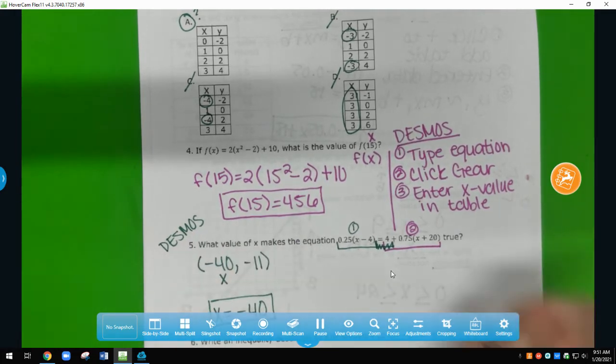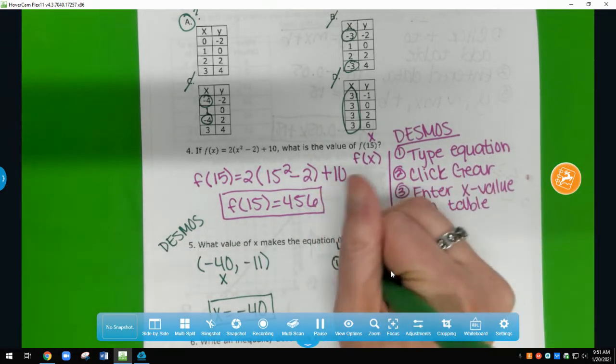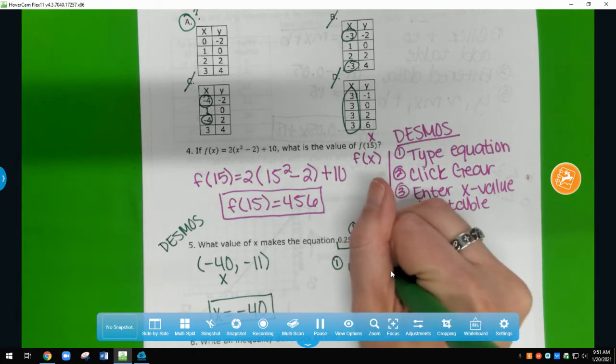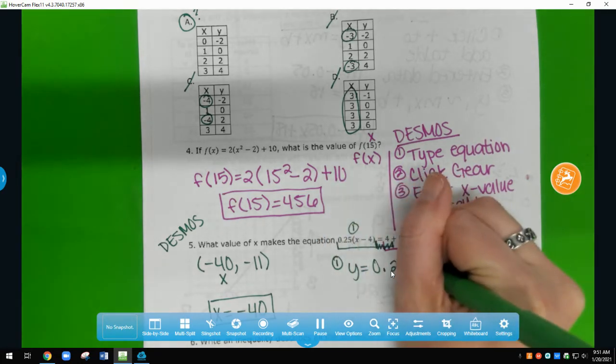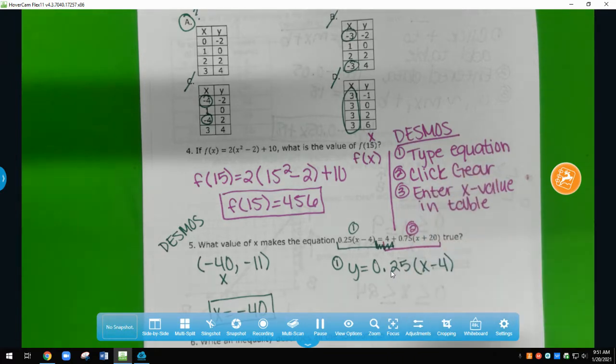So again, what we did in line 1, we put y equals 0.25 x minus 4.